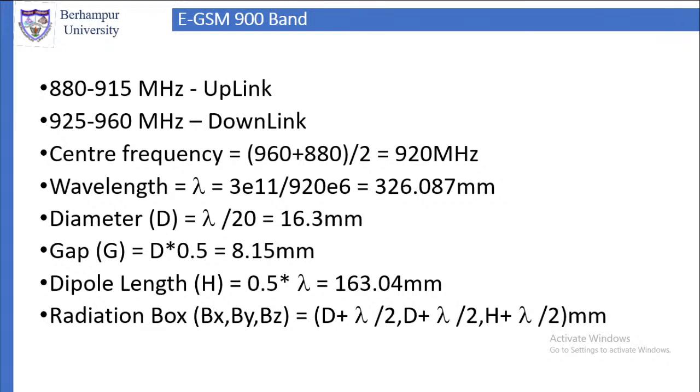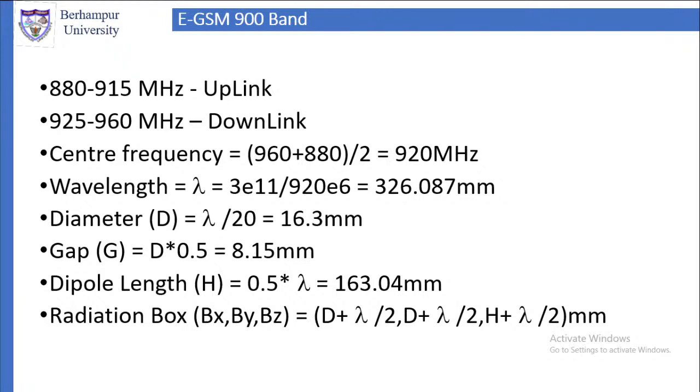Then when we use HFSS, we have to use something called a radiation box, a rectangular box around the antenna. The radiation box size will be Bx, By, Bz, where B stands for box: along the X direction it is Bx, along Y it is By, along Z it is Bz.